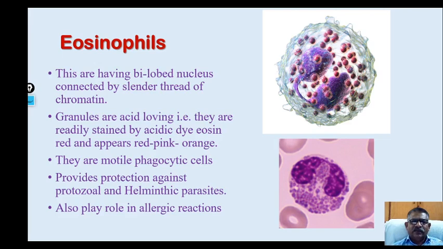Eosinophils have a bilobed nucleus connected by a slender thread of chromatin, as I stated. Under microscopic observation, you will be able to see it is like this. Prominently, pink colored granules are present in the cytoplasm, because they are acid loving granules. They have affinity toward acidic stain like eosin and appear red to pink or orange in color. They are also referred to as motile phagocytic cells, because they have the ability to move from the blood vessels into the tissues.